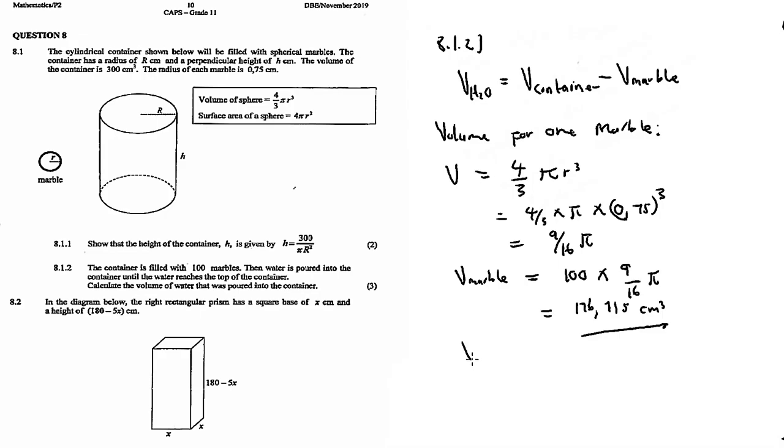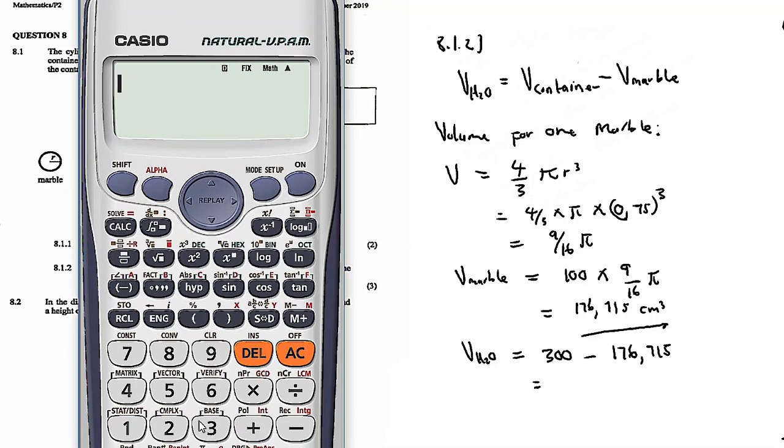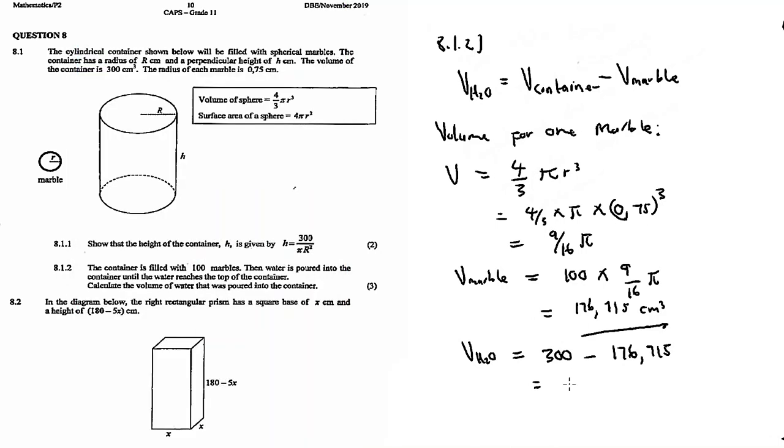So now the volume of H2O is equal to the volume of the container is 300 minus 176.715 is equal to 123.285. 123.285 cubic centimeters.